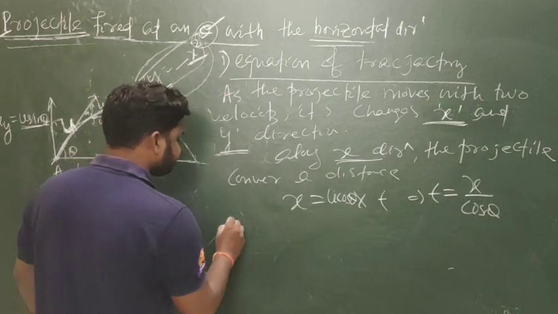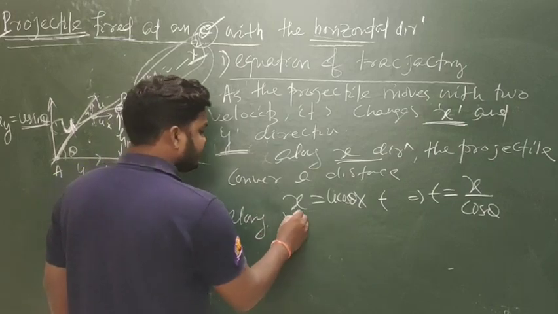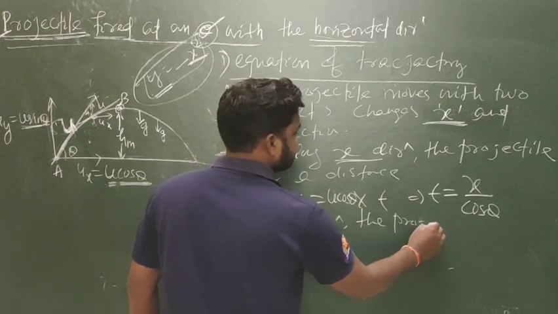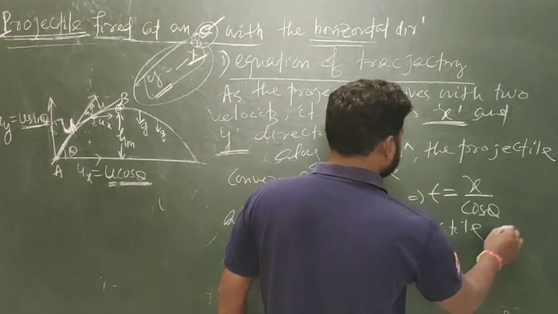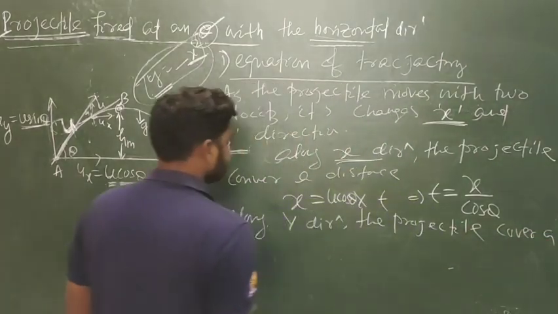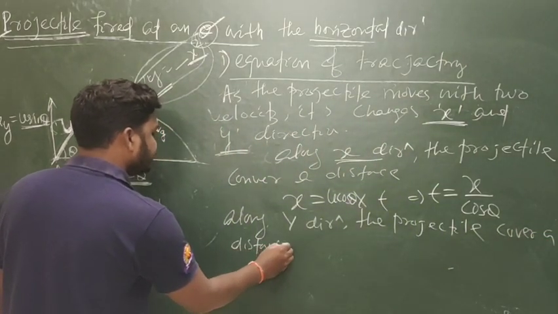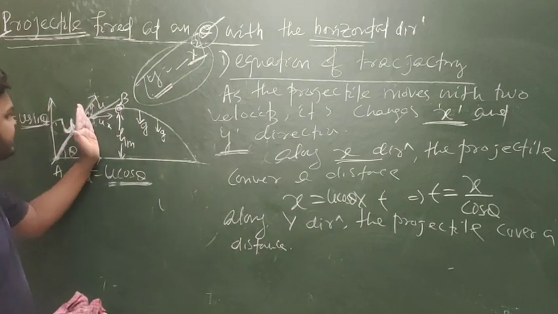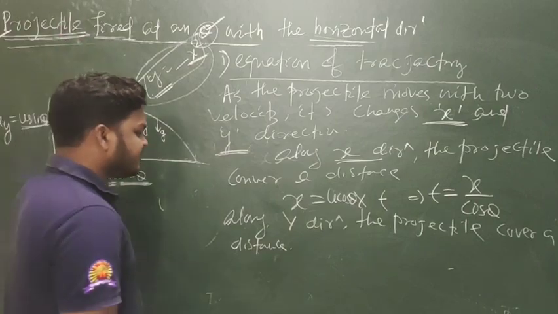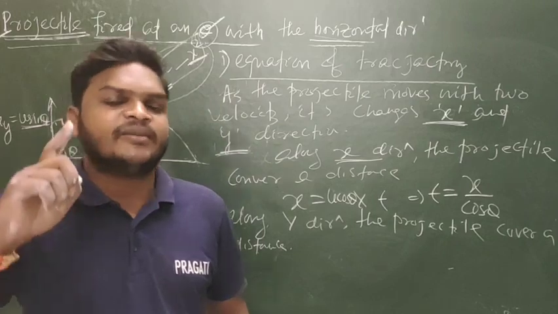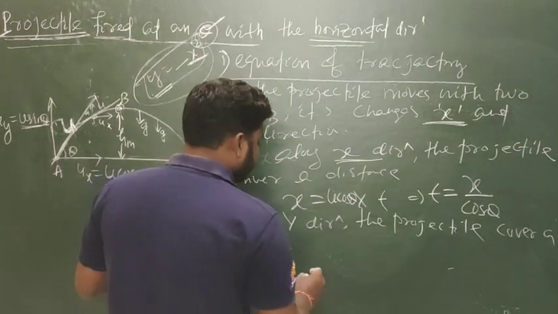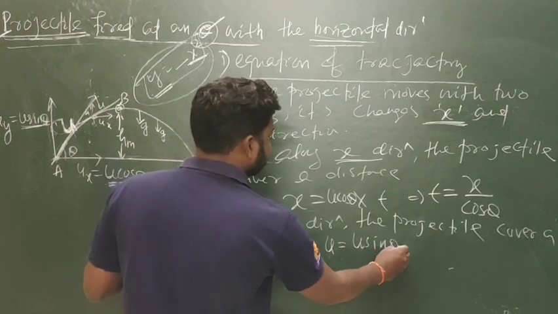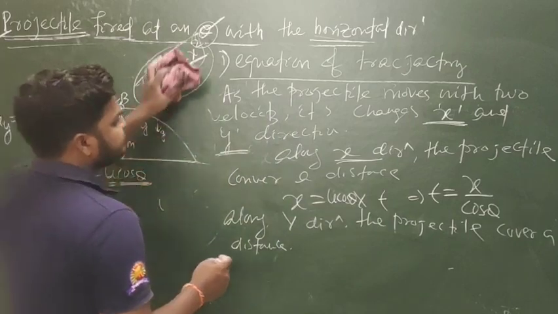Then along the y direction, or vertical direction, the projectile covers a distance along the vertical direction. To find the vertical distance, first keep in mind that we calculate the vertical velocity. The initial vertical velocity is u sin theta in the vertical direction.